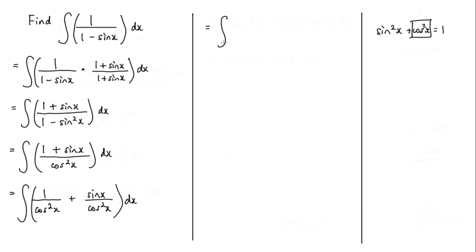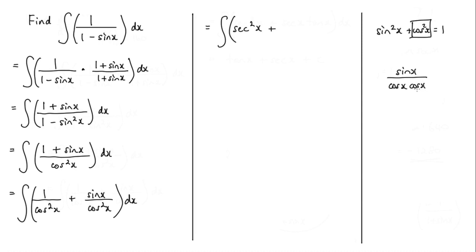Okay, continuing on. 1 over cos squared x, well, I know that that is sec squared x. Now I've got this plus here. Now sine x over cos squared x, let me just rewrite this as follows. I've got sine x over cos x times cos x.